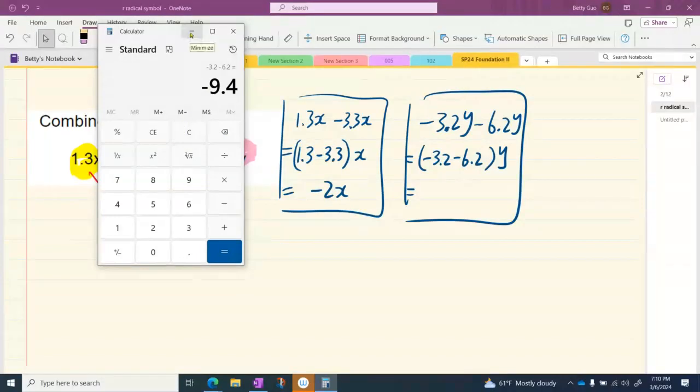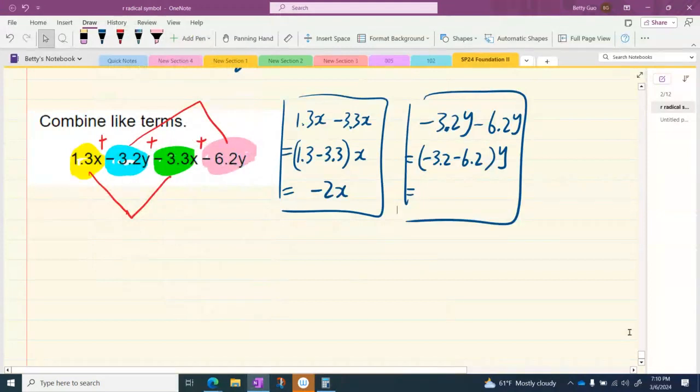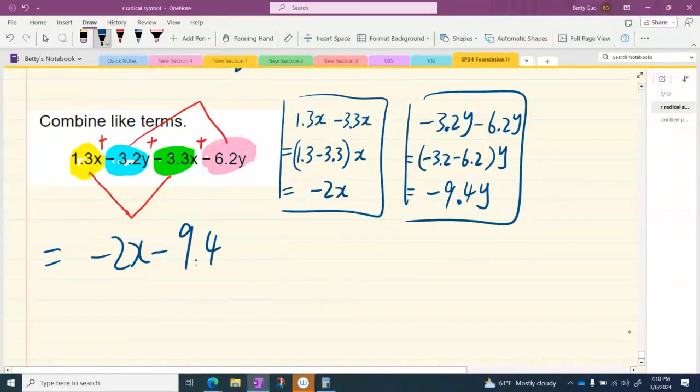Yeah, you need to start to talk to your calculator, communicate, and know how your calculator works. Bring down the variable part, y. So the result is negative 2x minus 9.4y.